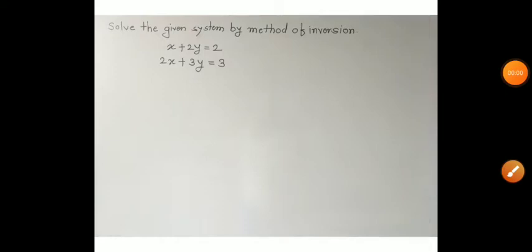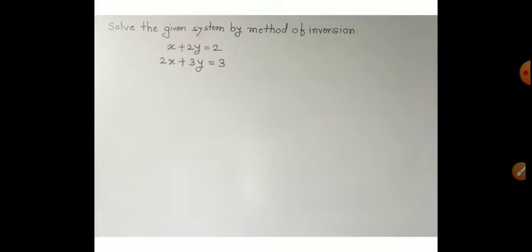Hello everyone. In this session, we are going to see one example of solution of a given system by method of inversion. Solve the given system by method of inversion, which means by method of inverse.